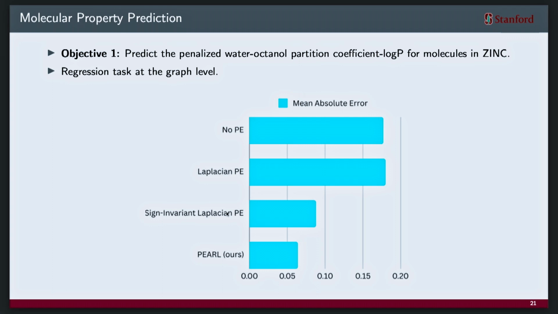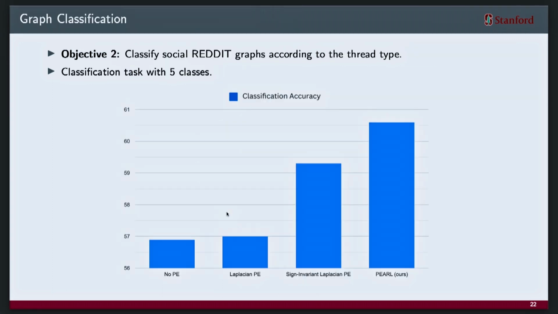And the next task is graph classification, which uses larger data with larger graphs. So the task here is to classify social Reddit graphs according to the thread type. So in terms of a graph task, this is graph classification with 5 different classes. And as you can see, here I present the classification accuracy, higher is better.